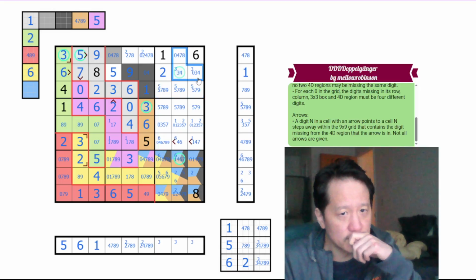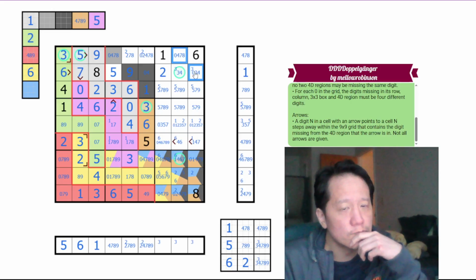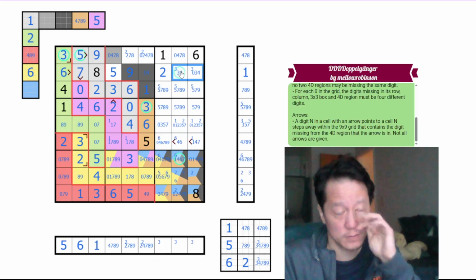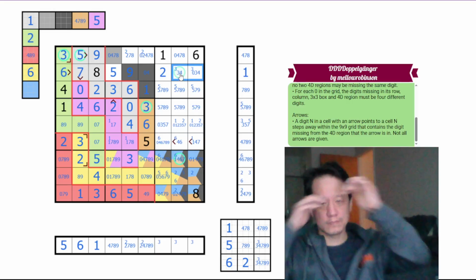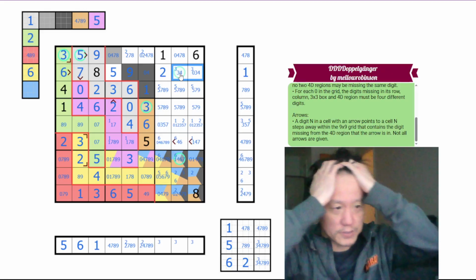And then we have to have a 3 in one of these spots. Which digit are we missing?